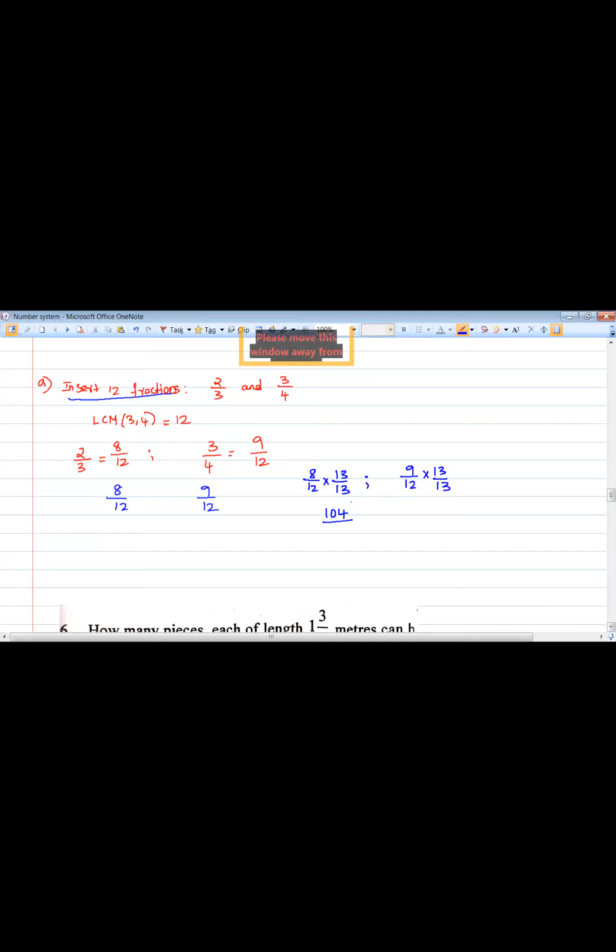What is 12 into 13? 156. Very good. Here also, what about this 9 into 13? 117. So the 12 required fractions are 105 divided by 156.